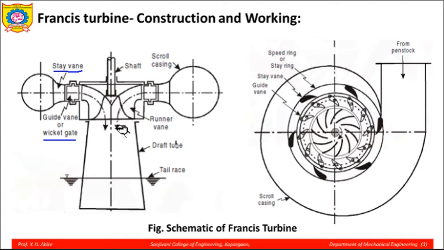So here we have an exit of the runner in an axial direction, parallel to the axis of the shaft. After that, the runner exit is connected to the tail race water level by means of a draft tube. A draft tube is a closed tube which has a diverging cross sectional area, or an increasing cross sectional area.